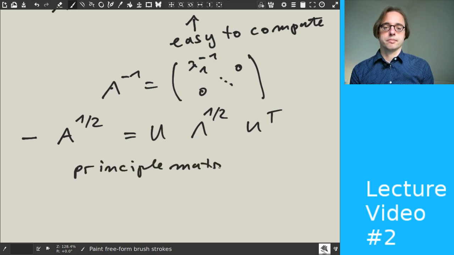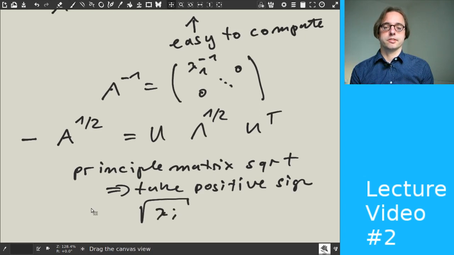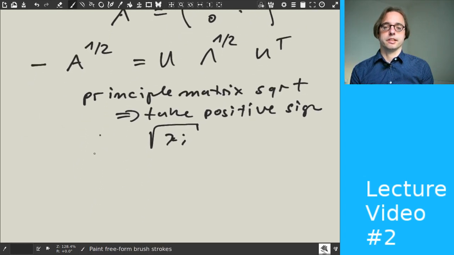The principal matrix square root is to take the positive sign of the lambda i. And if they're all positive, and we do this here, then we get the principal matrix square root. And this is usually the matrix square root that we're using.